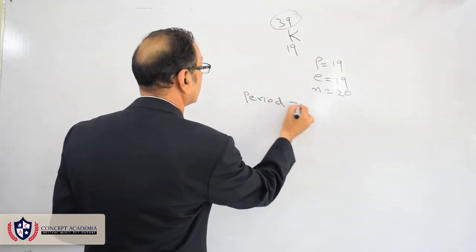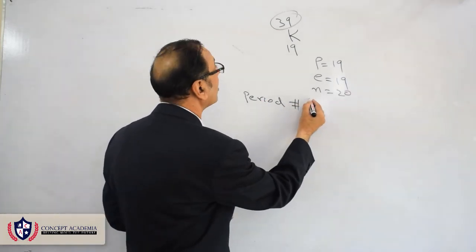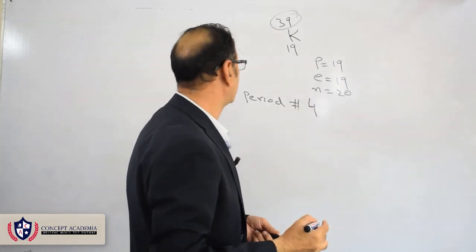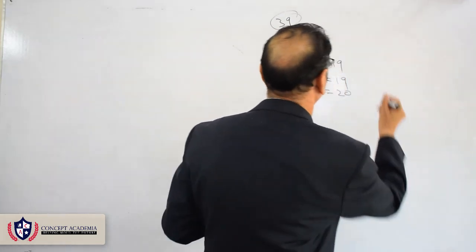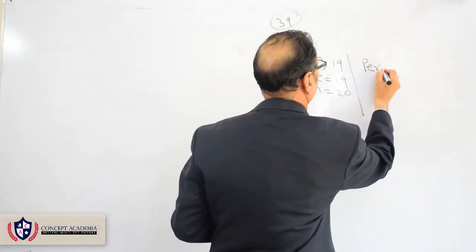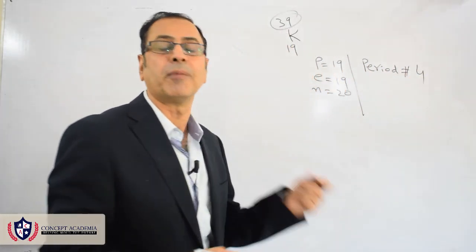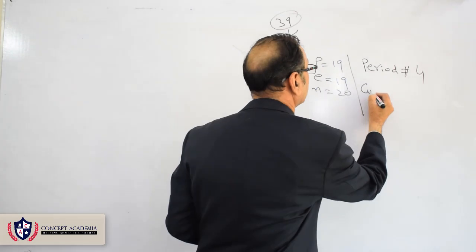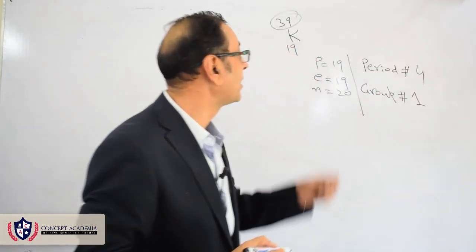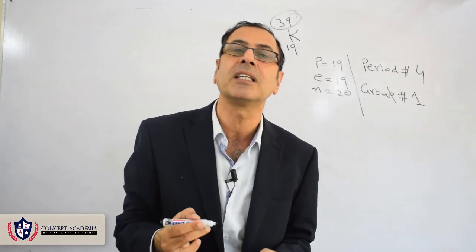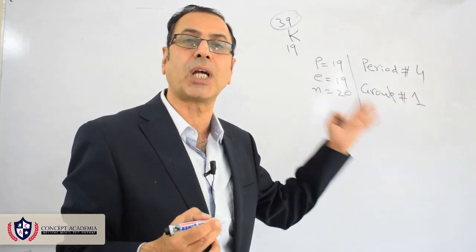The period number of potassium is 4, and the group number potassium belongs to is 1. So the period number tells us the number of shells in potassium, which is 4. So there are 4 shells in potassium.